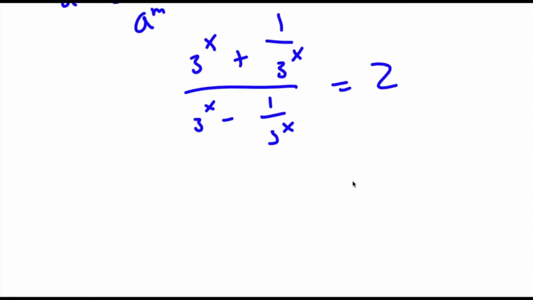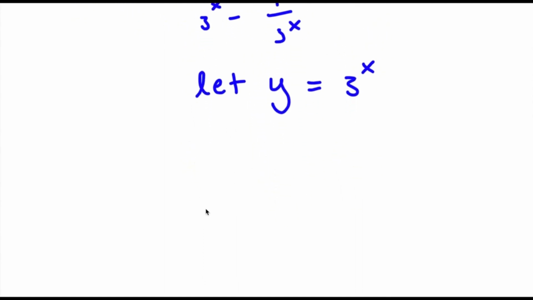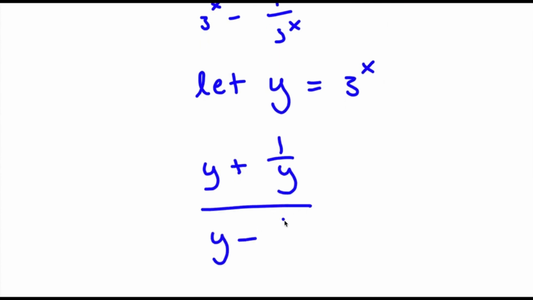So now I'm going to let the variable y equal 3 to the power of x. So now if I substitute in y for 3 to the power of x, I get y plus 1 over y, divided by y minus 1 over y.